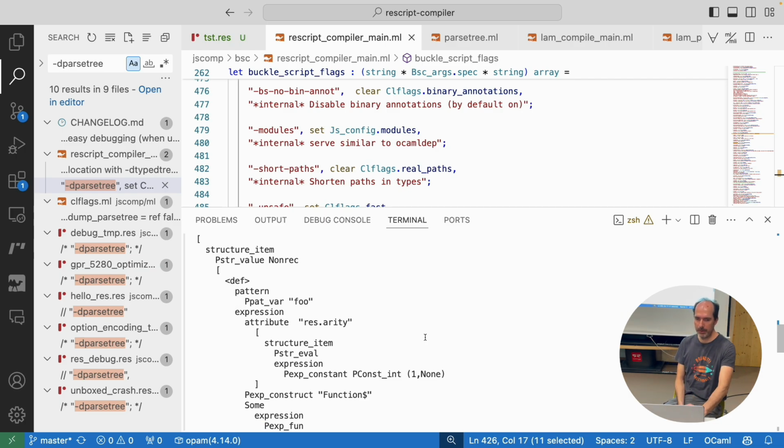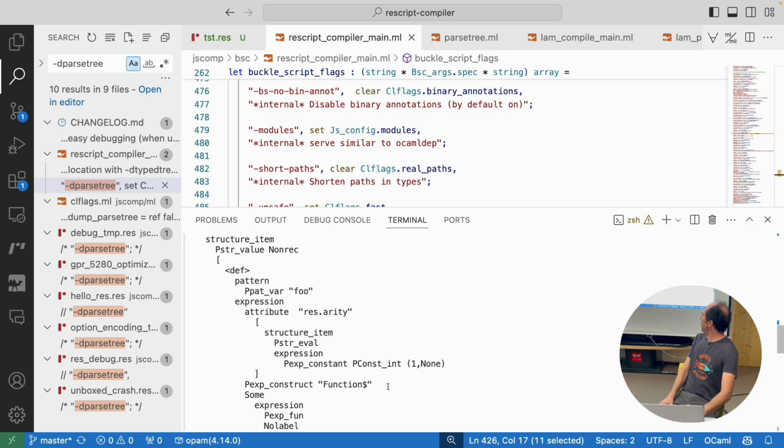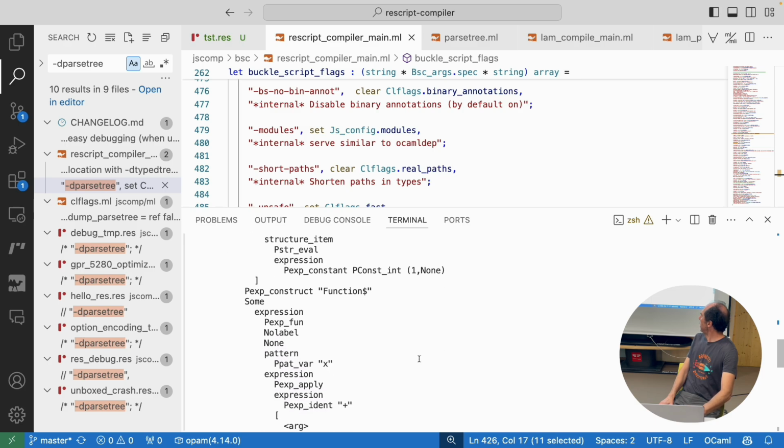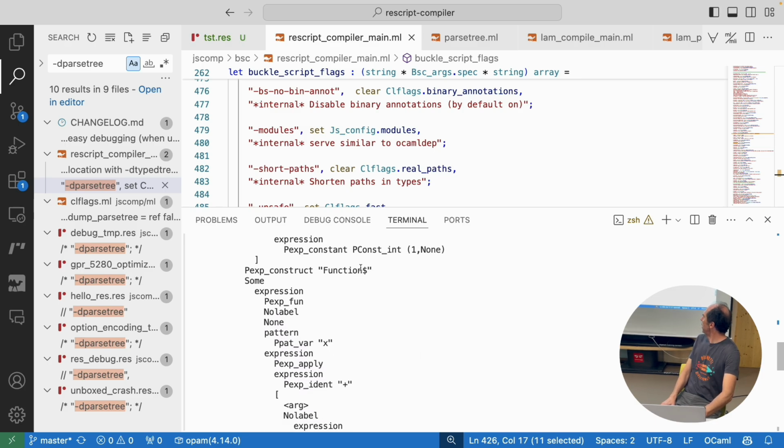So if we look at the parse tree, this is the function definition, and then there is an arity attribute that gets inserted by the parser. It says the arity is 1. And there is also some internal representation.